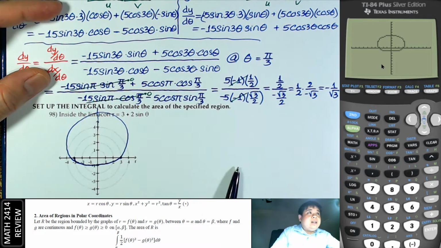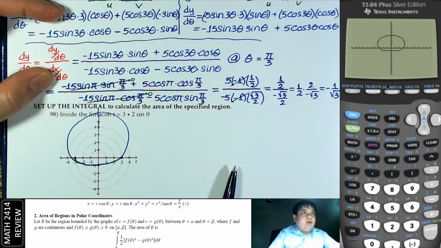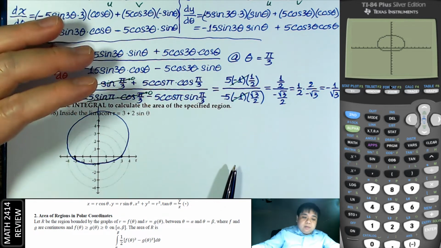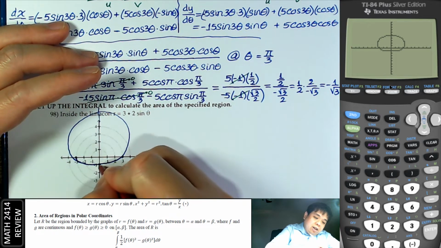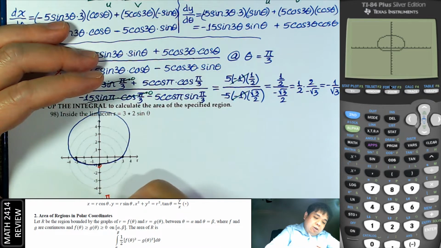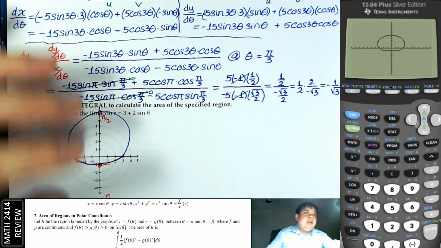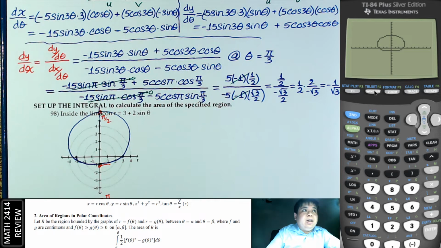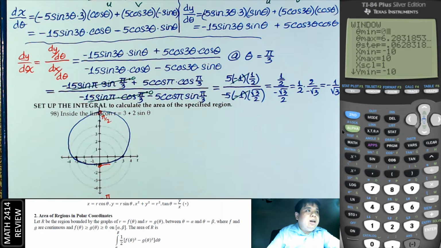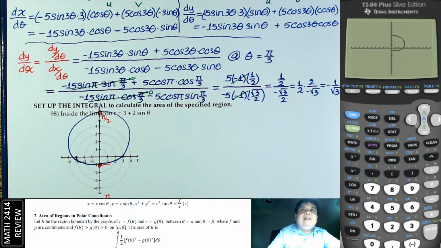What we see is that this one is symmetric about the line theta equal to pi over 2, the y-axis. So because of that, if we want to evaluate, we can go from negative pi over 2 here to pi over 2 over there. Now if we do that, let's change the limit from negative pi over 2 to pi over 2. And you see we only have the right half, which is good.